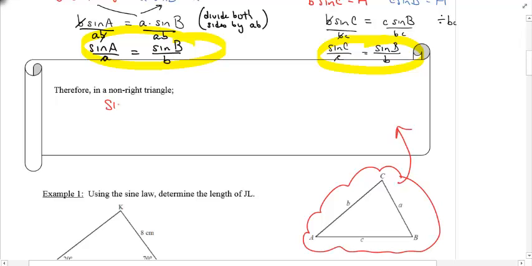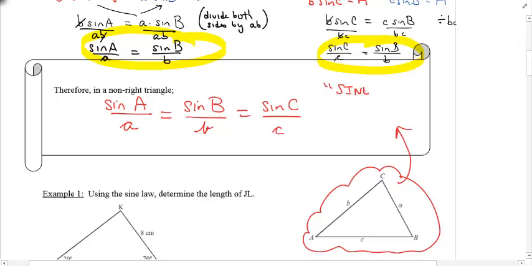In a non-right angle triangle, what you've just found is that sine of angle A divided by its corresponding side A is equal to the sine of angle B divided by its corresponding side B, which is also equal to sine of angle C divided by its corresponding side C. Ta-da! And this, ladies and gents, is called the Sine Law.